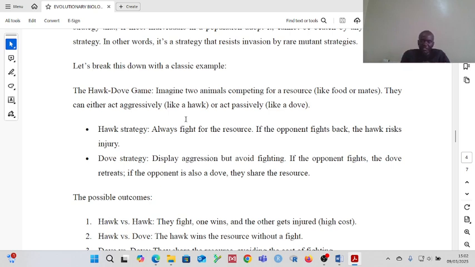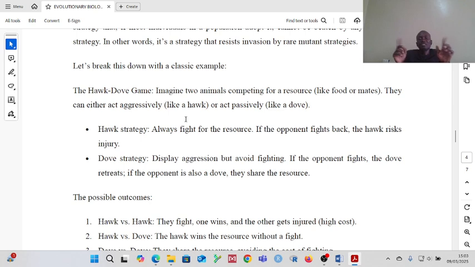In the second case, there is an animal having the dove strategy. I need this resource, but I'm not fighting. So if I come for the resource, and whoever we are competing with over that particular resource fights back, then I retreat. Okay?